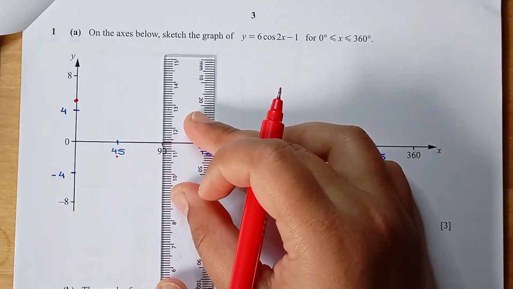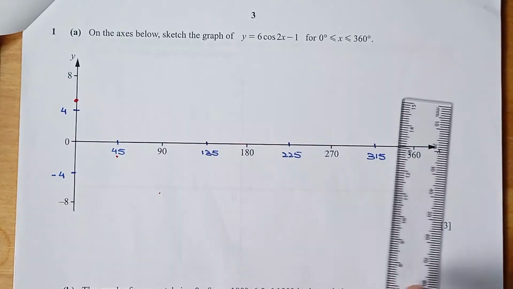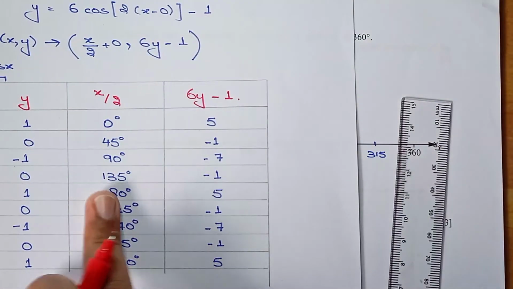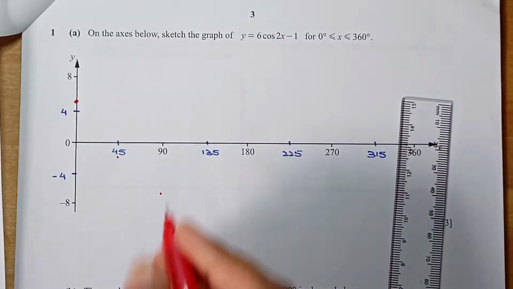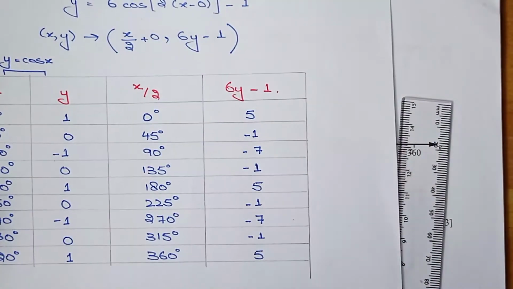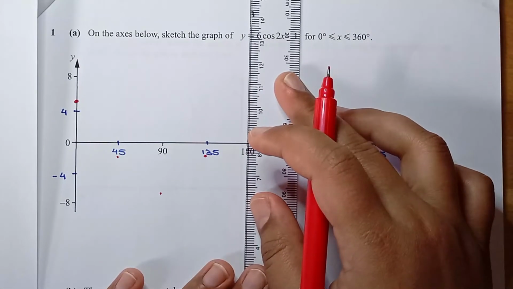And let's say minus 7 is a little bit above minus 8 over here. Yes, right. And the next point, 135, it's minus 1 again. For 135 it's negative 1, this point. And for 180 it's 5, above.